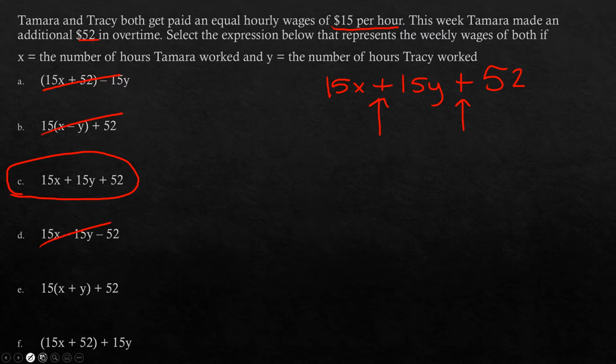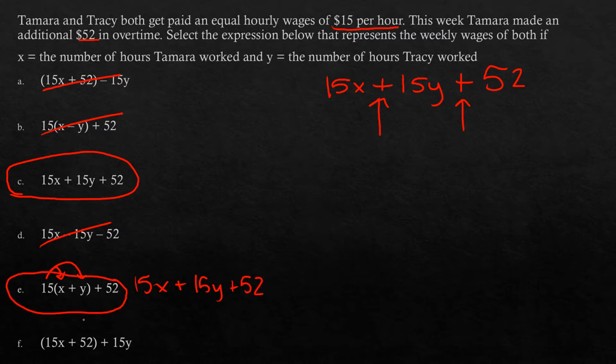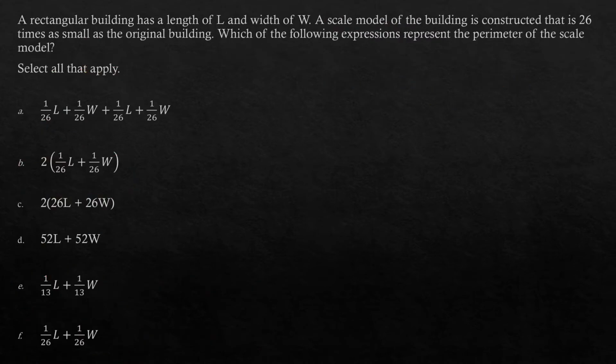Same thing with this third one. Now this fifth one here, if I distribute, I get 15x + 15y + 52. So this one works. And down here I get 15x + 52 + 15y. So this is the same thing, just in a different order. So those 3 are the ones that I want to pick.